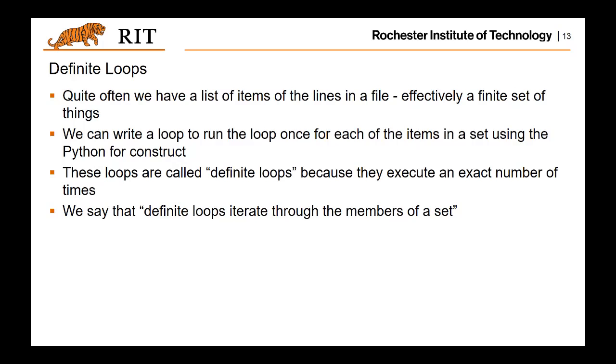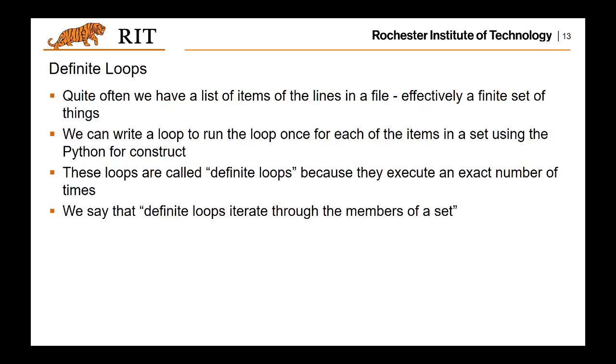And because it's a list of items, that means you have a finite set of things. In that case, a definite loop is required to check each of the elements inside the list and do something to each of these elements. And that is how this kind of definite loop works.